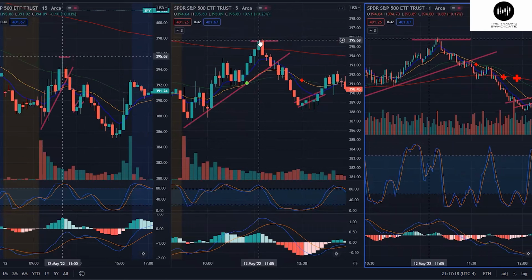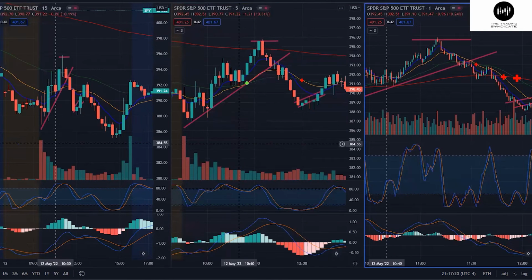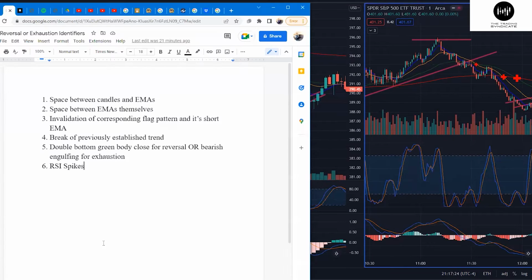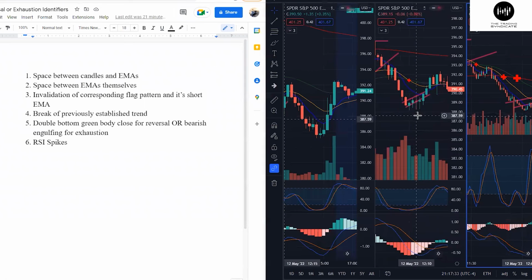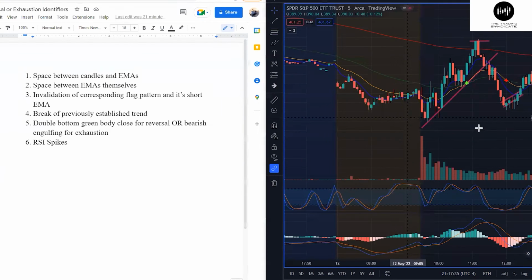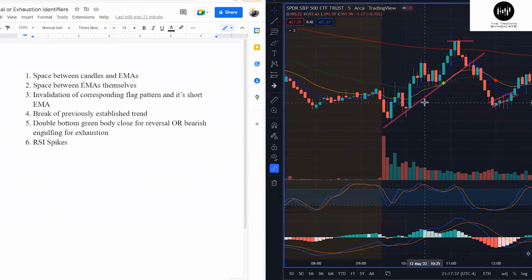Once we start moving, once we have the close away from the EMAs, we want to start thinking that a reversal is possible. Then we're looking for space in between the EMAs themselves. So the EMAs themselves are starting to get extended.